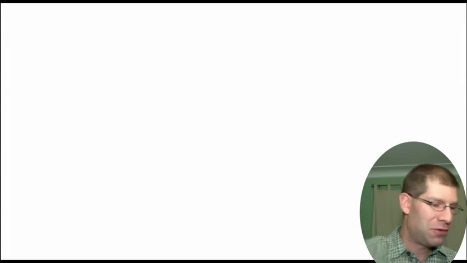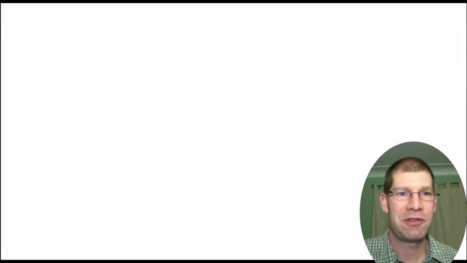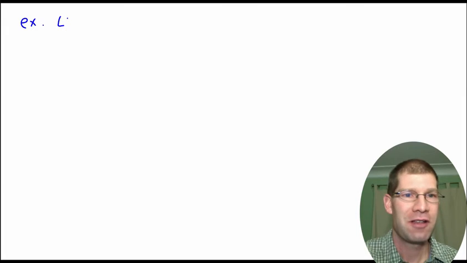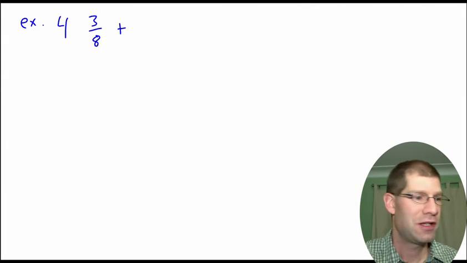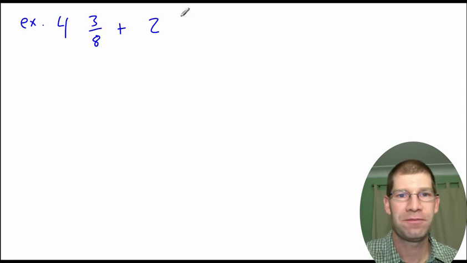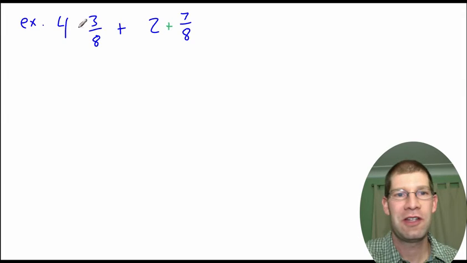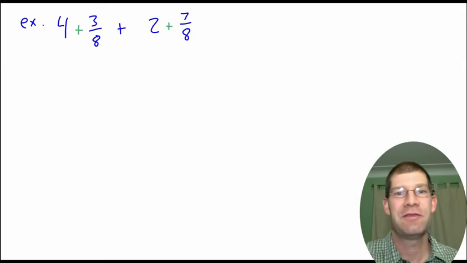My next example, I'll try to make it a little bit more dicey. Try coming up with several examples that are going to cover a lot of the different challenges you might see. This one here is going to be 4 3/8 plus 2 7/8. And again, if you wanted to, it might be helpful to look at each mixed number as a number plus a fraction.